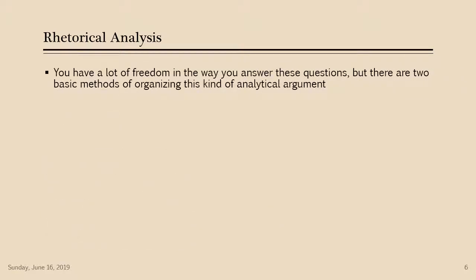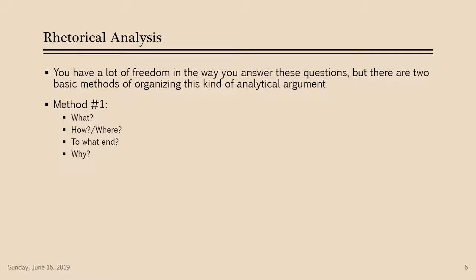You have a lot of freedom in the way that you answer these questions, but there are 2 basic methods of organizing this kind of analytical argument. Method 1 is the same order I just showed you. You start with the what, then you include the how and the where, then the to what end, and finally the why. So you start off by describing the specific appeal that the speaker is making.